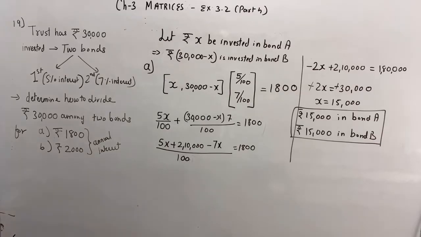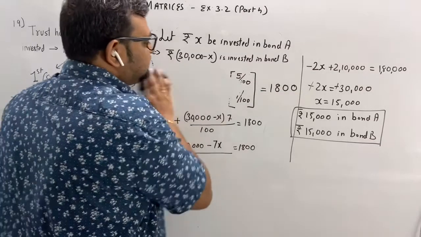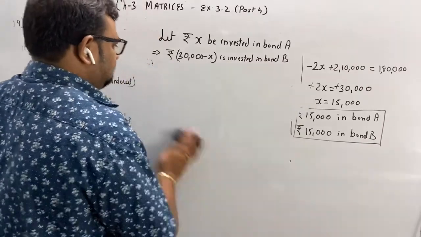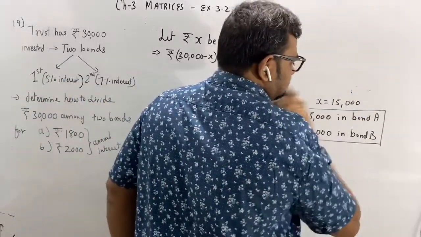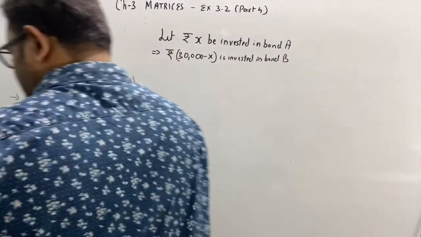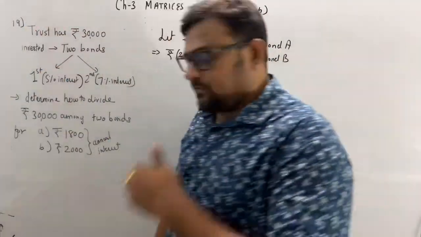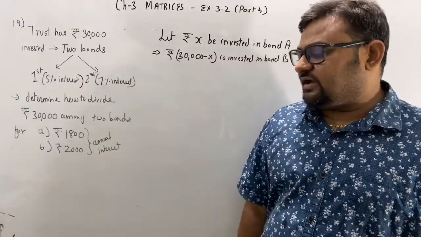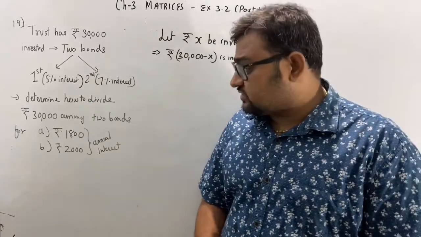Now let's move to B. For B, the total interest is 2000.